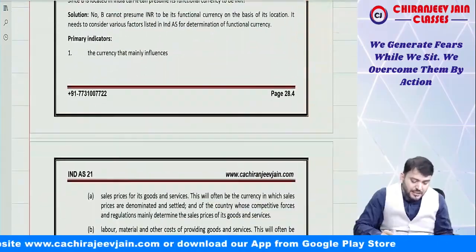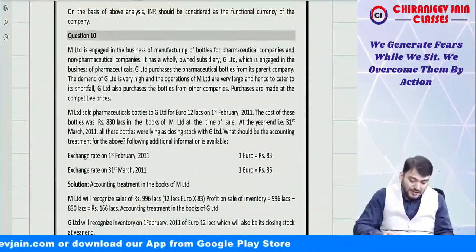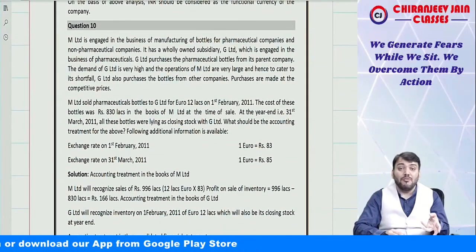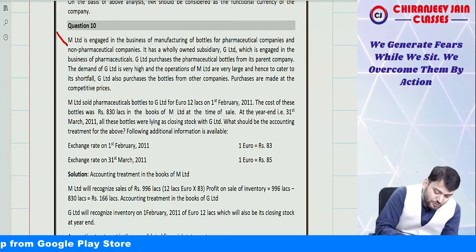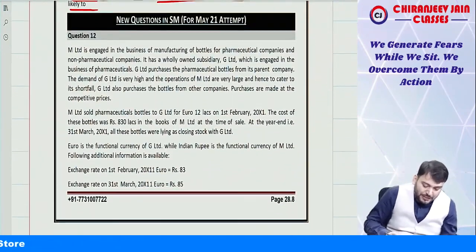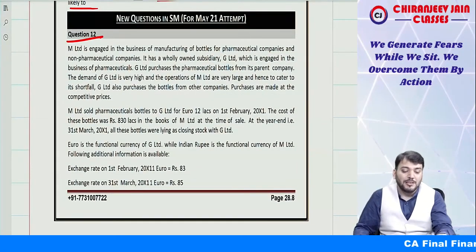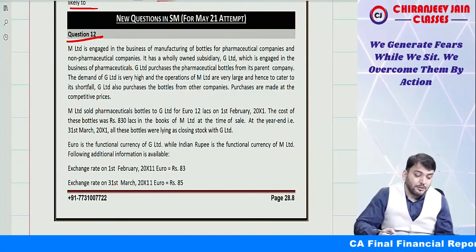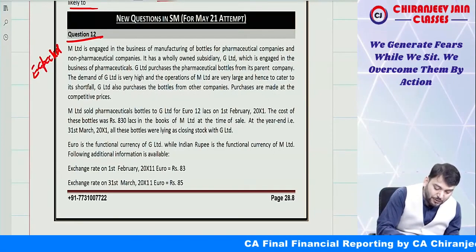Initially, the answer given in question number 10 was not correct, so I was totally confused about what to do in my regular class. But now they have given the correct answer. So delete question number 10. The new question of the same nature is given in question number 12. Come to question number 12. Write down expected. 100% expected in the exam. Very good question.